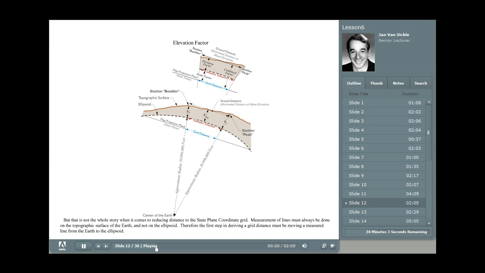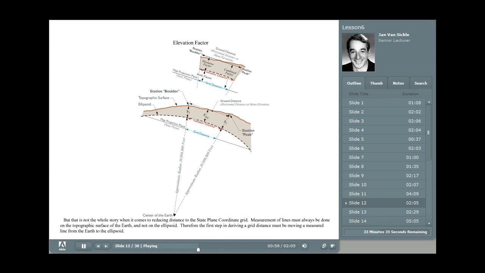Therefore, if we're going to measure the distance from one point to another, as indicated here, let's say, station Boulder to station Peak, that distance would be measured on the surface of the Earth. Now, we need to have what's known as an elevation factor to move from the surface of the Earth down to the ellipsoid to get that geodetic length.